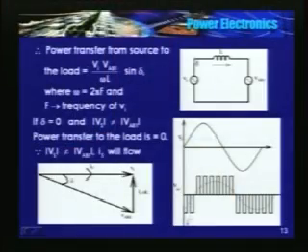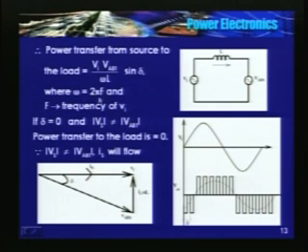So similarly here, power that is transferred from the source Vi to the load is Vi into VAB into sine of the angle between Vi and VAB, divided by X or omega L. It is this expression: Vi into VAB divided by omega L, into sine delta.